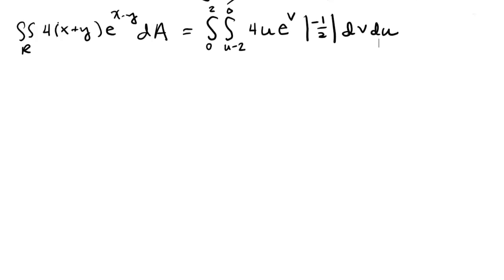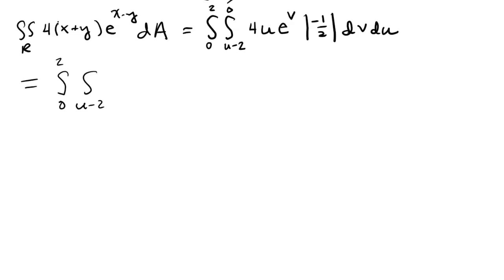Okay, so what we're going to have then is the integral 0 to 2, the integral u minus 2 to 0. The absolute value of negative a half is positive a half, which times 4 then is just 2. So we've got 2u e to the v, dv du.